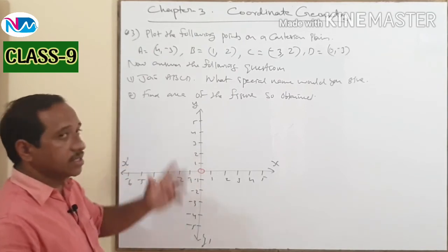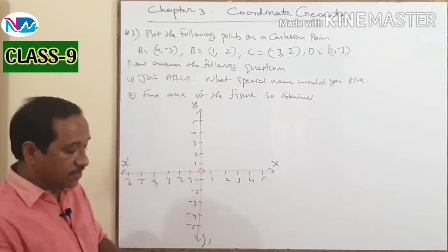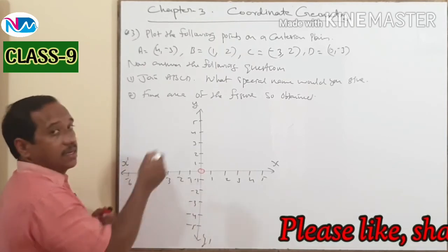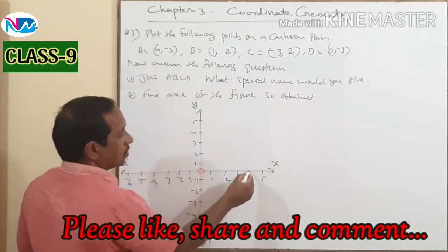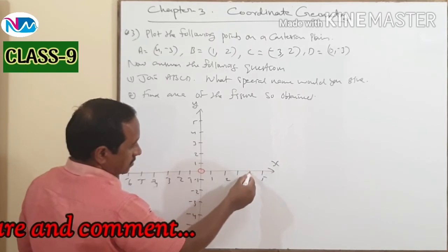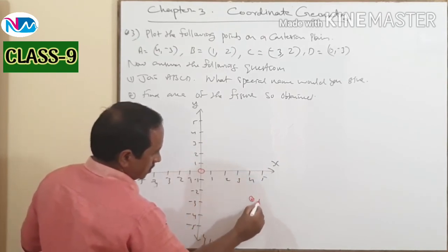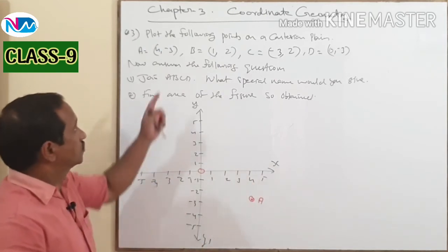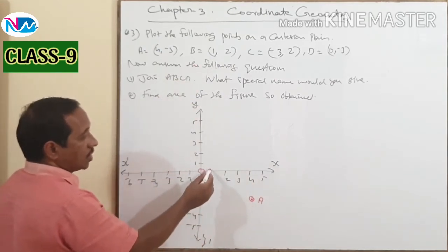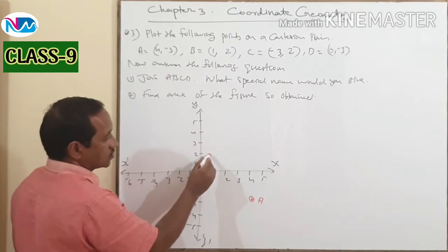So first of all, we are going to plot these points in the Cartesian plane. The first point A has x-coordinate 4, y-coordinate -3. So it will be somewhere here. This is point A. Second point B, x-coordinate 1, y-coordinate 2. So that is here.